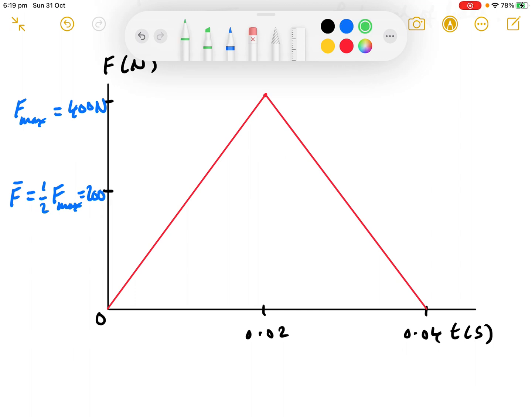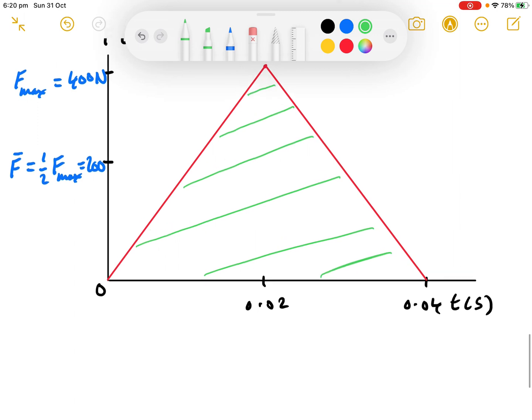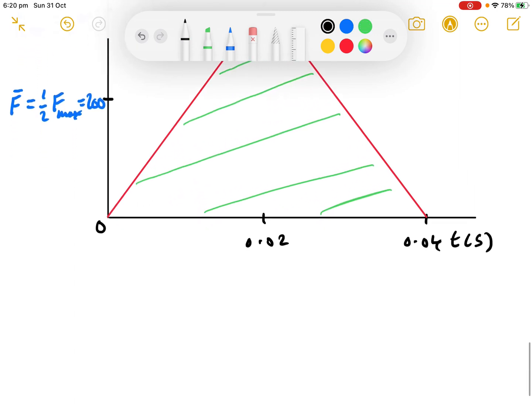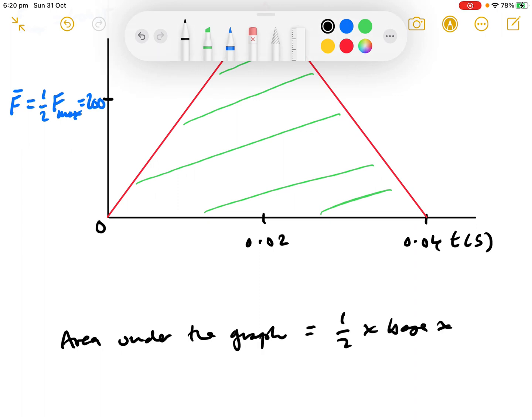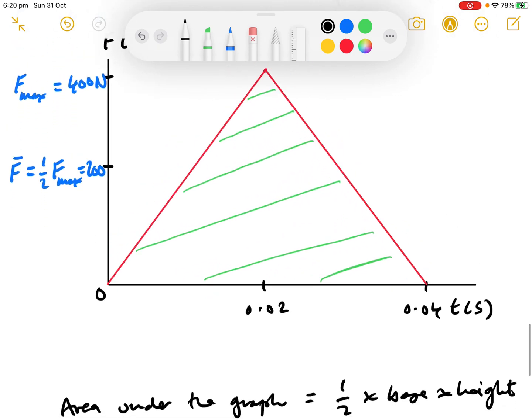Now, an interesting feature of these graphs is the area under the graph. This shaded area here. Well, why is that important? Because if you look at the area under the graph, it's the area of a triangle, so it's half times the base times the height.